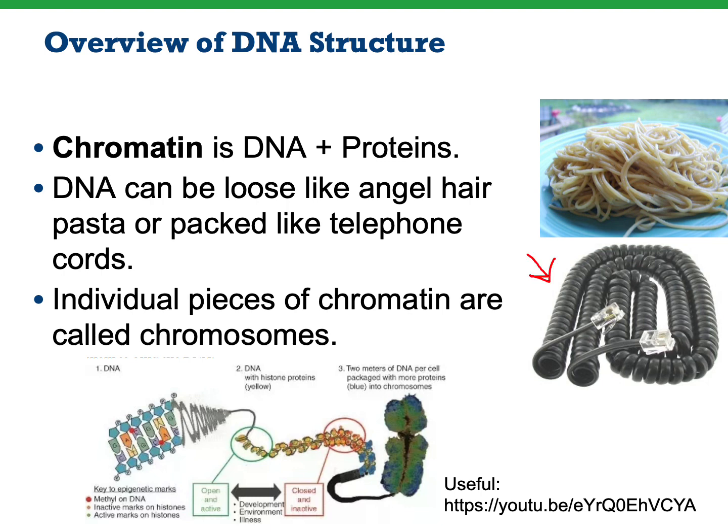Without any proteins, DNA would be loose and messy, like pasta here. But instead, the cell can organize it to look like a neatly folded telephone cord. Chromosomes refer to individual pieces of chromatin in their highest organizational order.